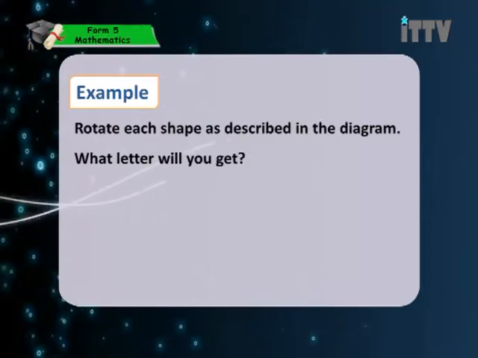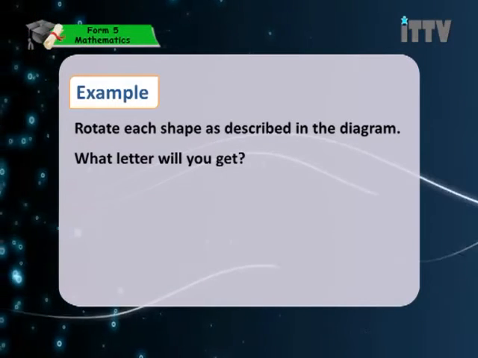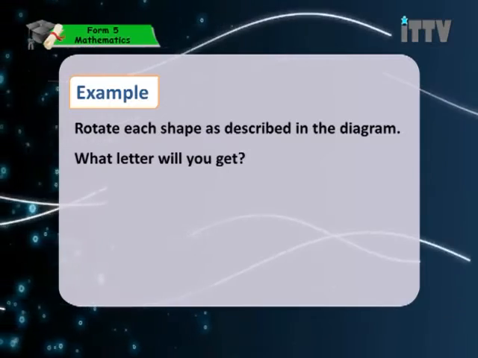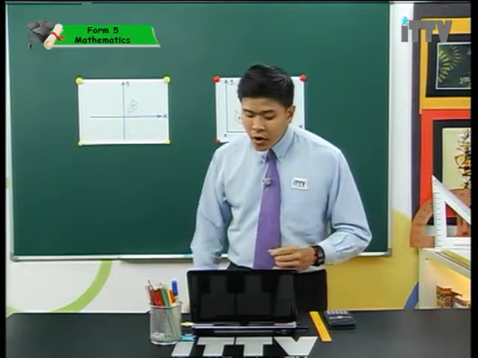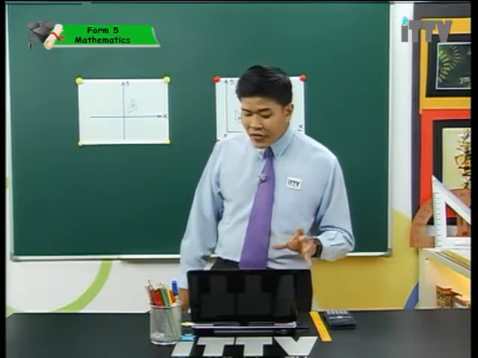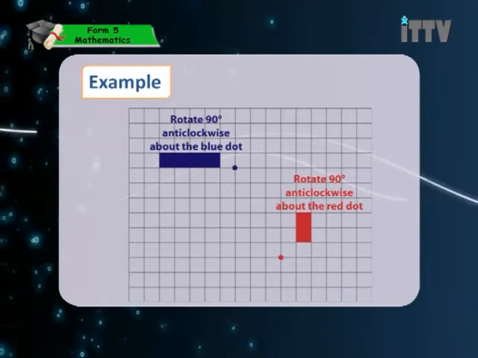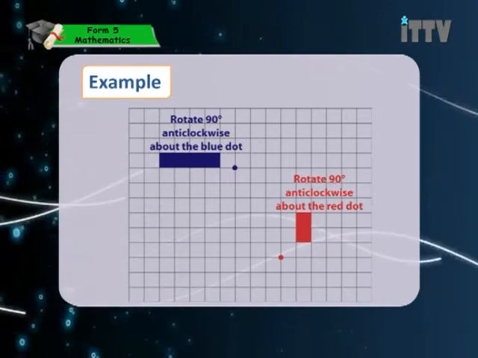First example: rotate each shape as described in the diagram. What letter will you get? Let's take a look at this diagram. We have 2 objects, and notice that we have 2 dots as well. Take a look at the blue object.